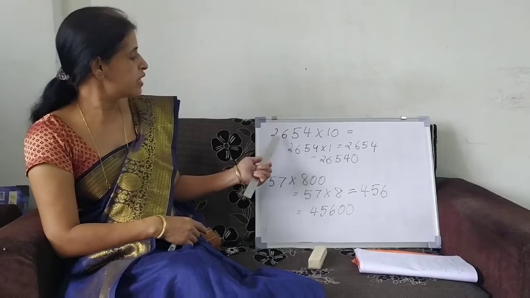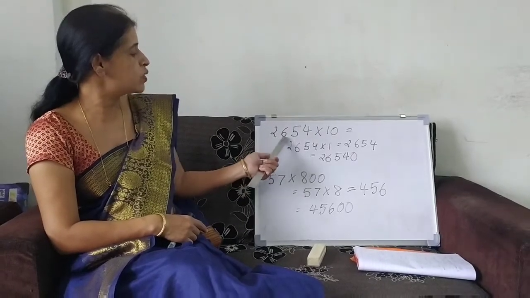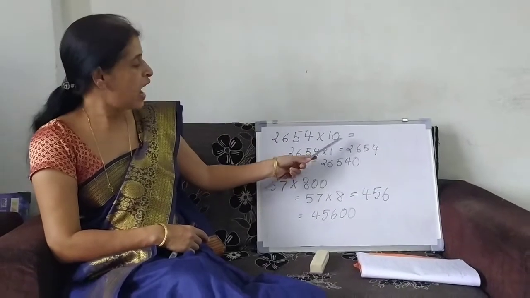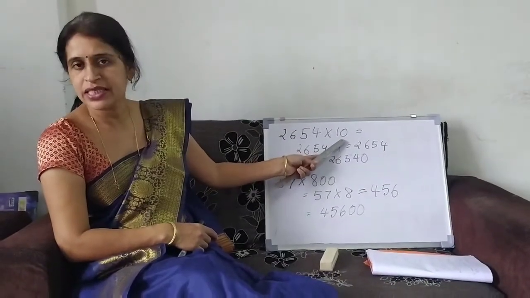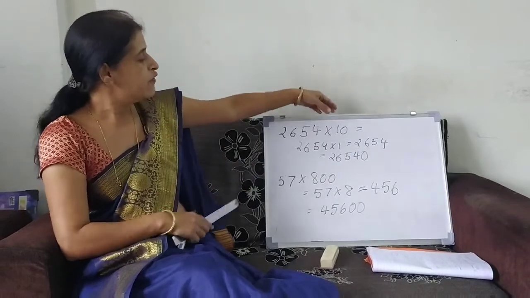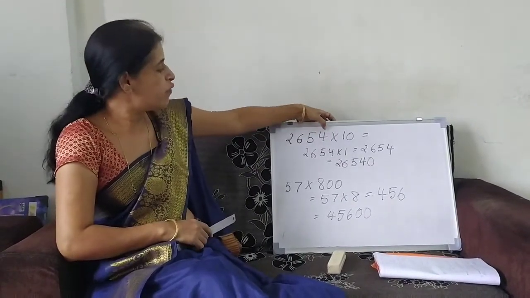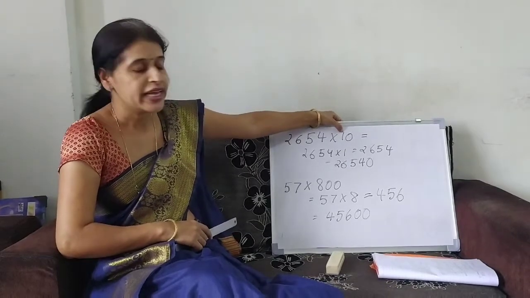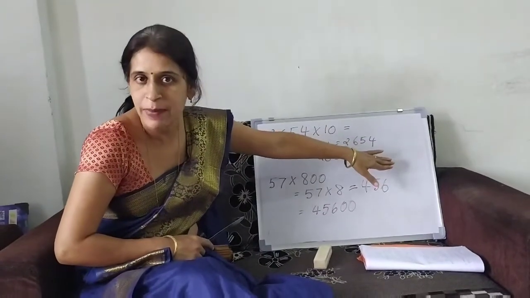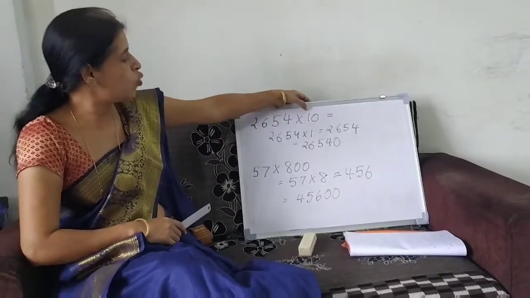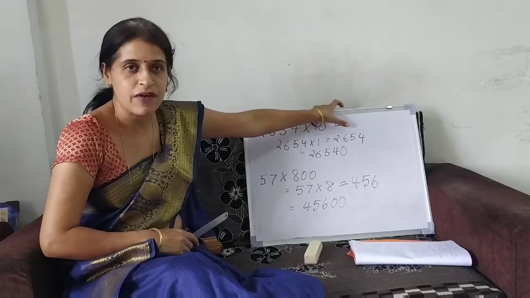If a number is given, let's take an example, 2654 into 10. So we have 0 in the ones place. What we do is we just multiply by 1. 2654 into 1. Instead of doing that column multiplication, you can simply do it this way. 2654 into 1 is 2654.